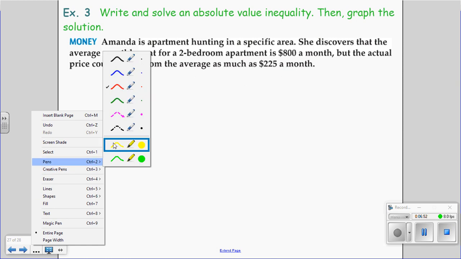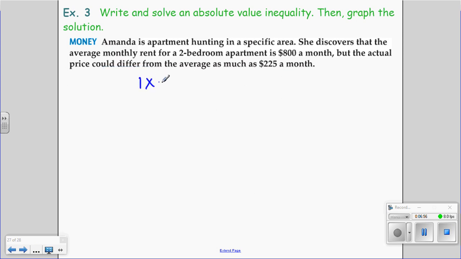We need to set it up as the absolute value of x minus the central, and then we need our symbol, and then our range. So it's either less than or greater than, and then we write our range. Okay?